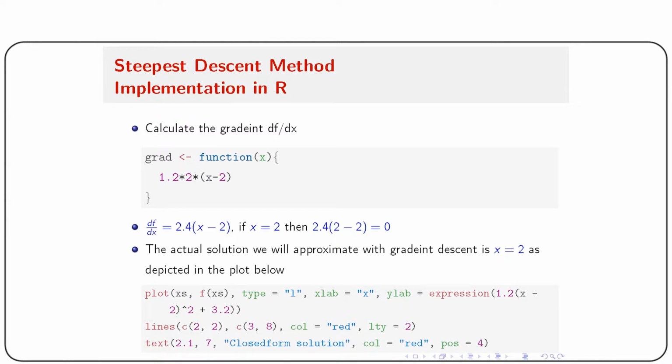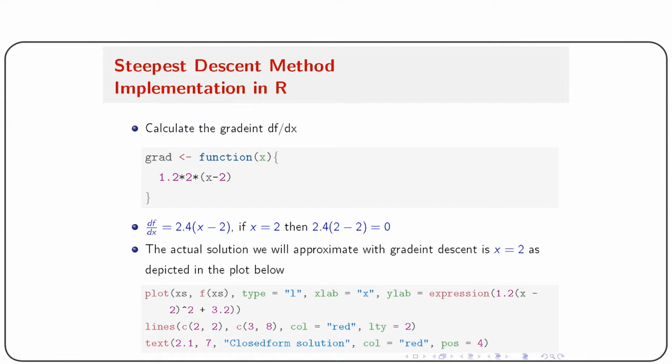The gradient of the function that I defined is 1.2 * 2 * (x - 2). In the same way, we define a function in R called grad, and the argument that we pass is x: 1.2 * 2 * (x - 2). This is the function that will give you the gradient value once you give the x argument, because df/dx is actually 2.4 * (x - 2).